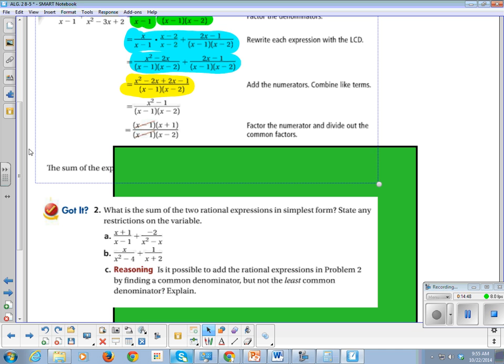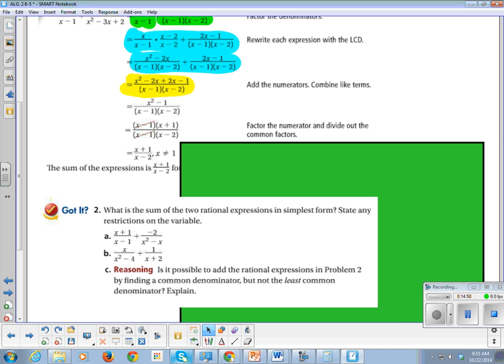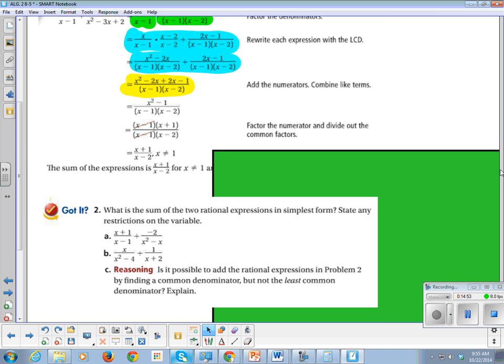So at the end of the day, your answer is x minus 1 over x minus 2, and why cannot x equal 1?